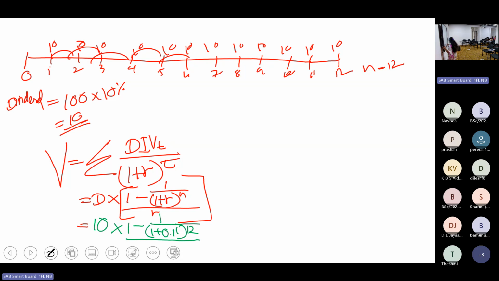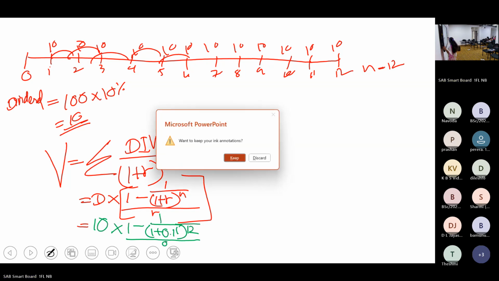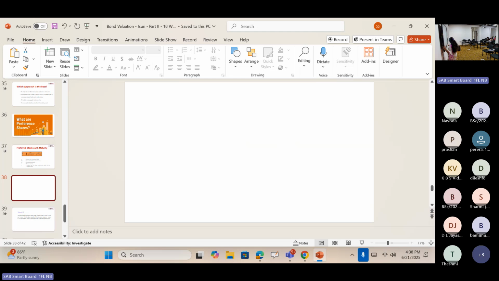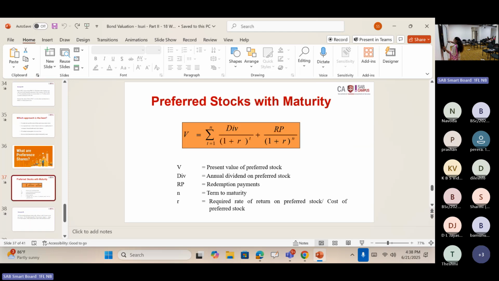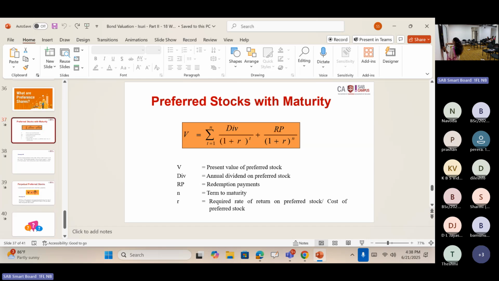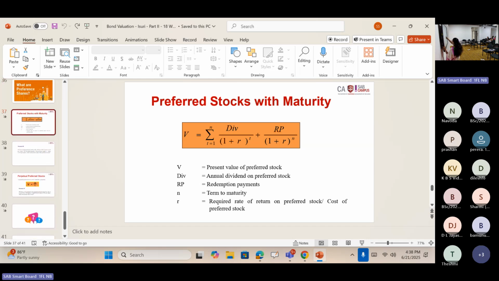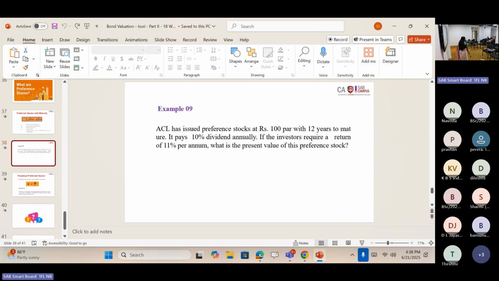Divided by 0.11. Okay, you can do it with 0.11. Calculate the annuity factor and tell me.